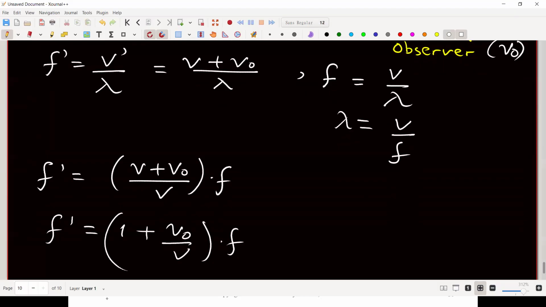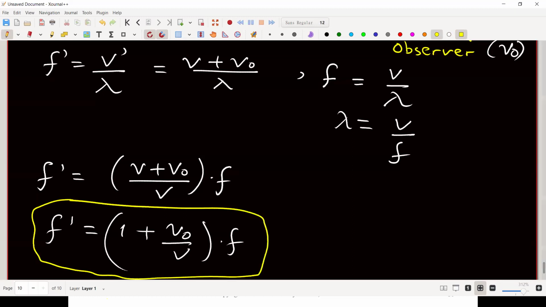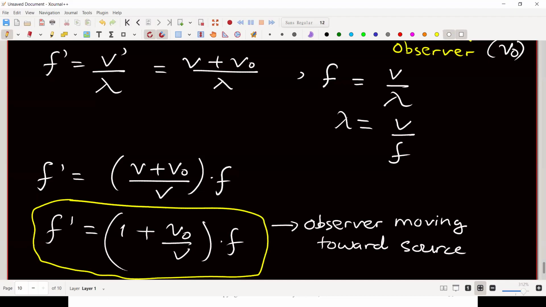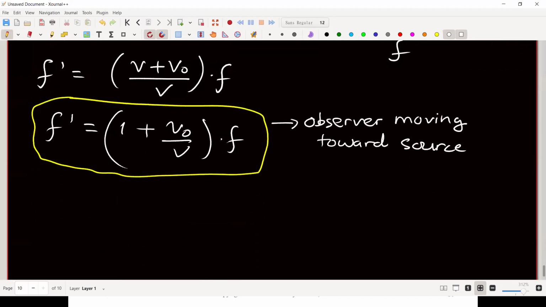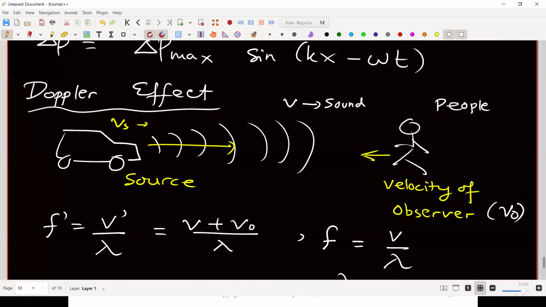This one is the observer moving towards the source, right?